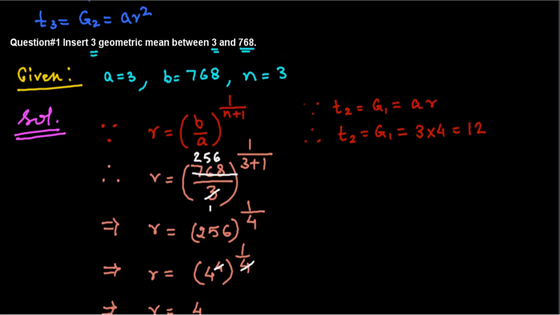Again, T3 is equal to G2, the second geometric mean, which is AR square.